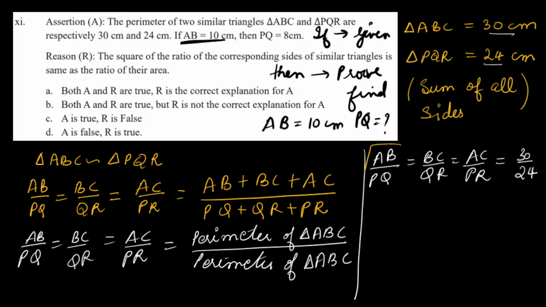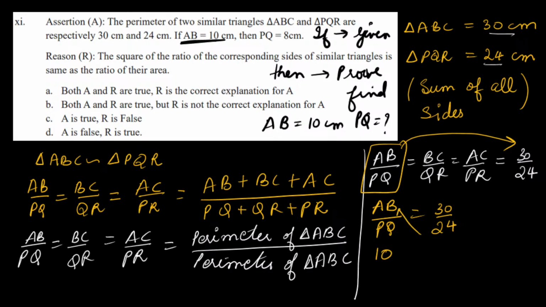We can consider the ratio AB by PQ. Because all the ratios are equal, AB by PQ is 30 by 24. AB's value is given as 10 centimeter.